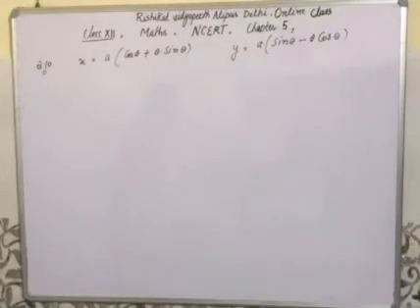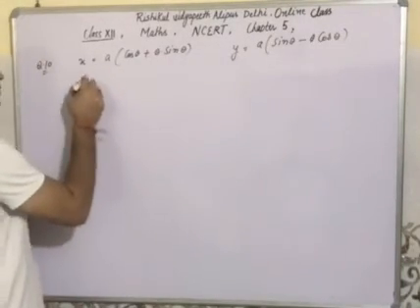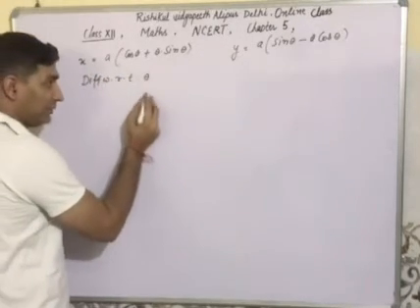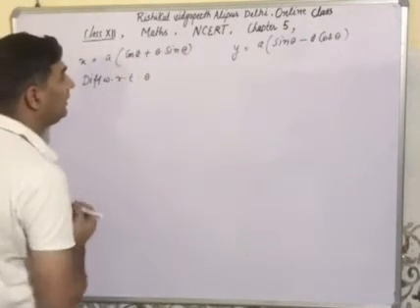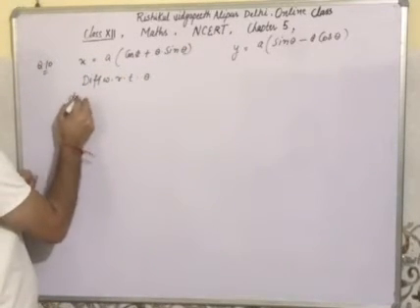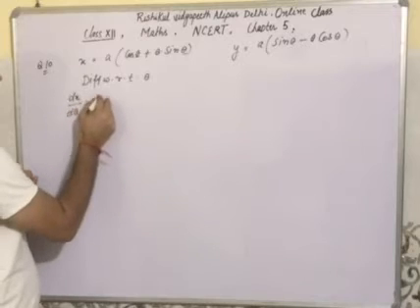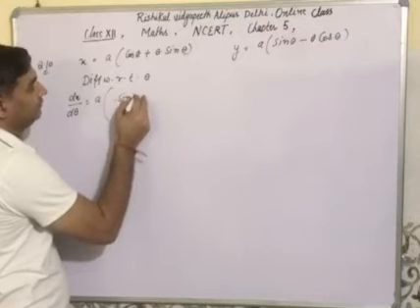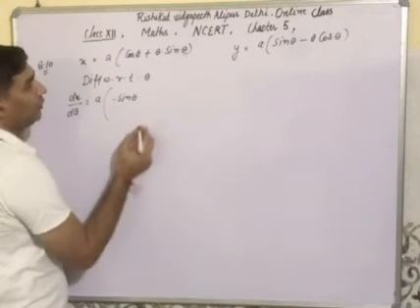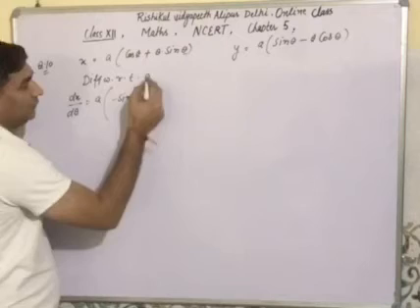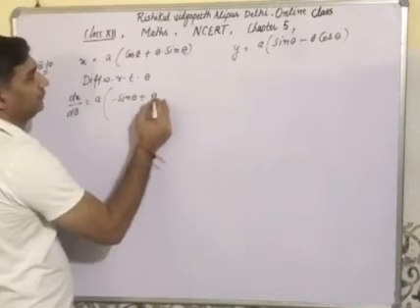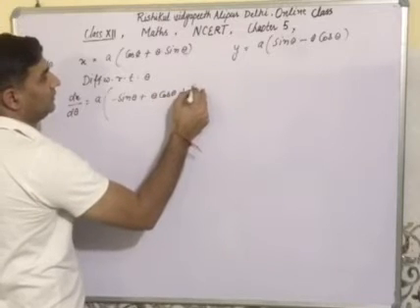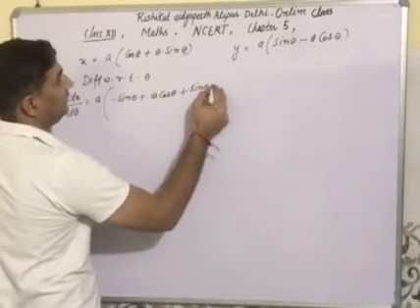Then differentiate with respect to x. Differentiate with respect to theta, because the parameter is theta. Then dx upon d theta: a is a constant, the derivative of cos theta is minus sin theta, and then use the product rule, theta as it is, the derivative of sin theta is cos theta, plus sin theta as it is, and the derivative of theta is 1.